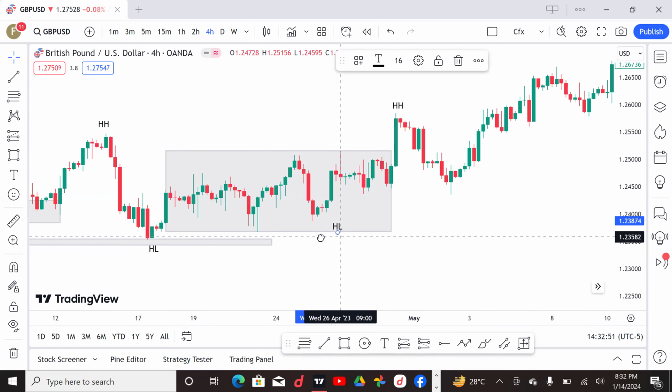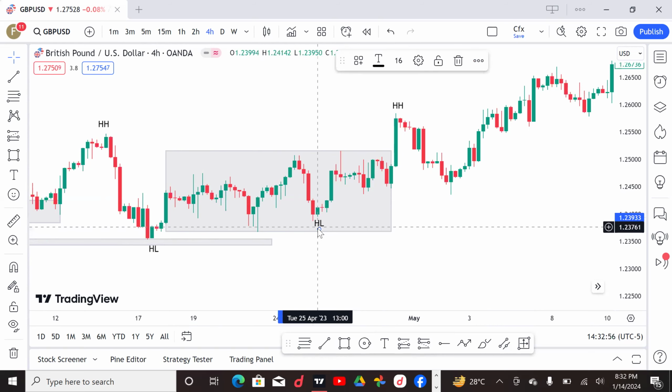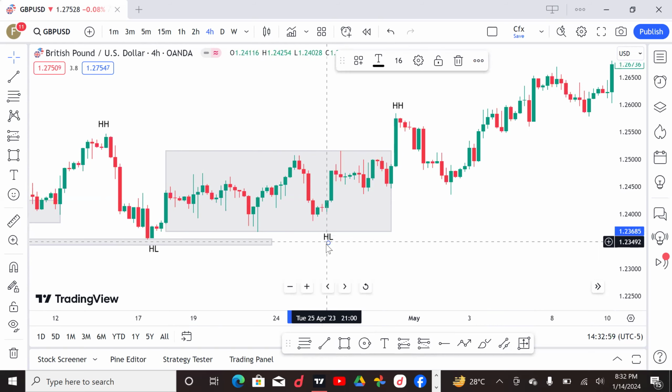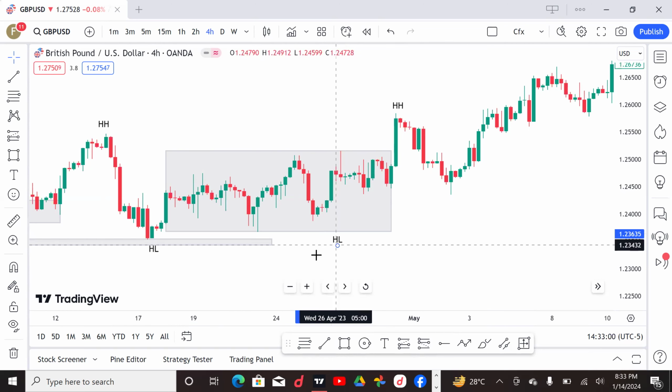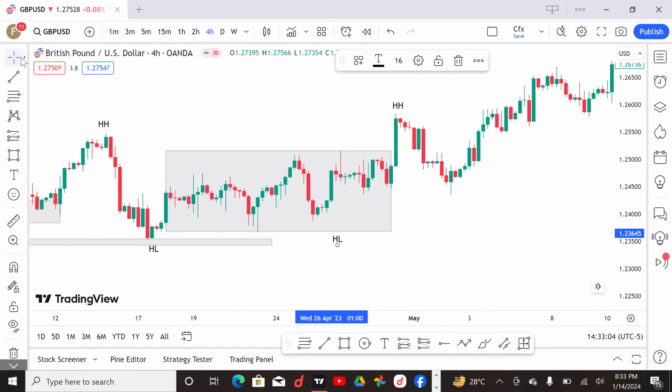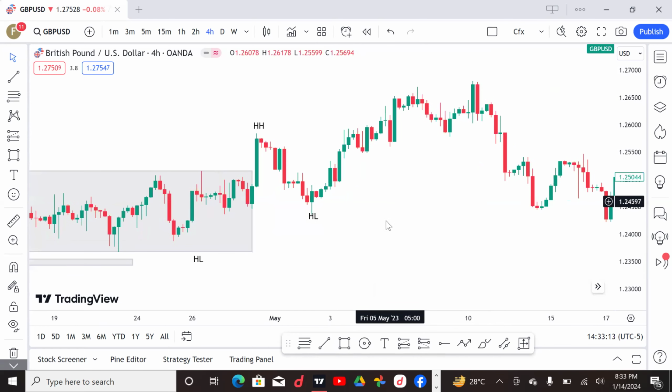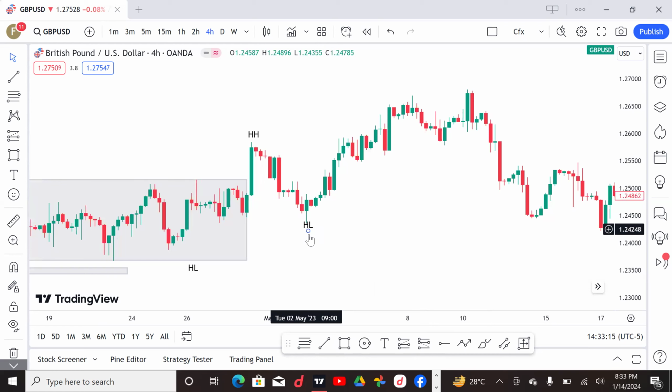I have this. Let me take it, I get it using the arrow.